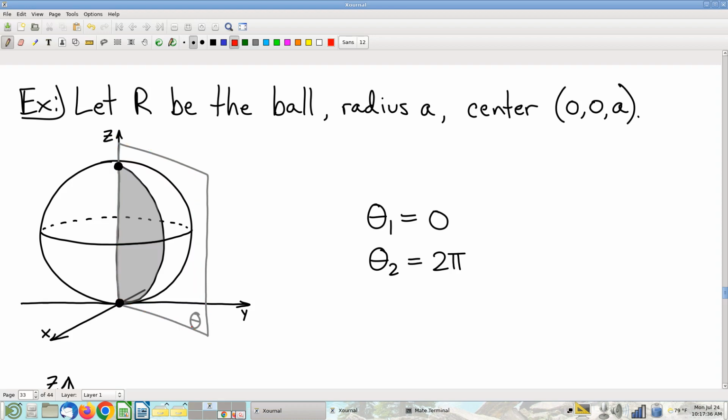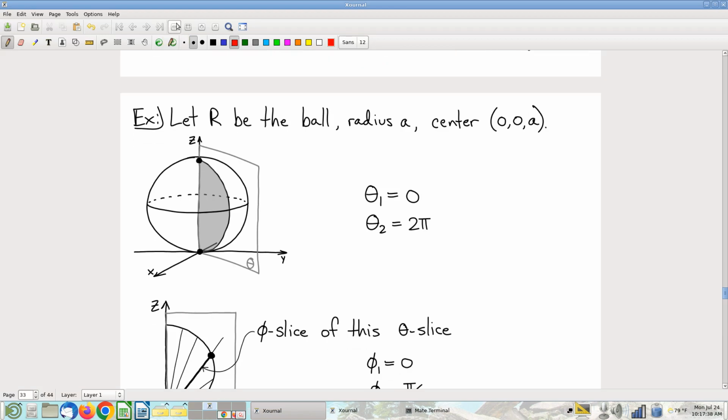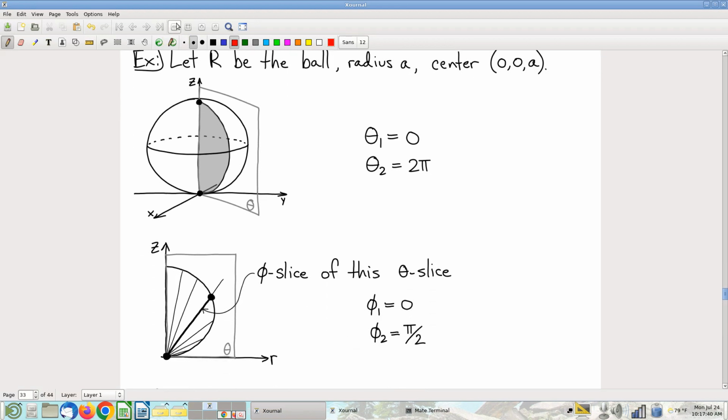So I have a little superstition on this. My little workaround of this problem is that once I have a theta slice drawn, then for my artistic convenience, I redraw that theta slice, looking at it straight on. Right?